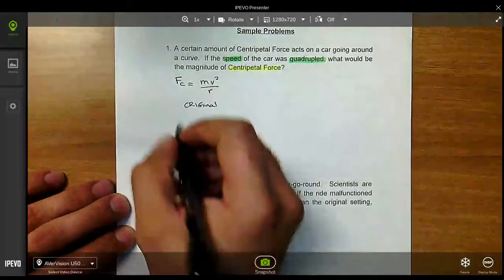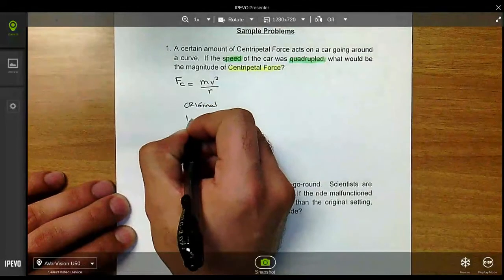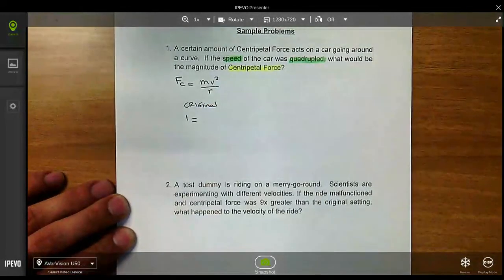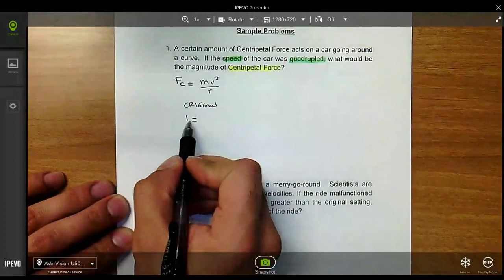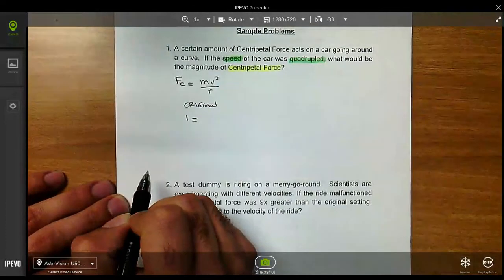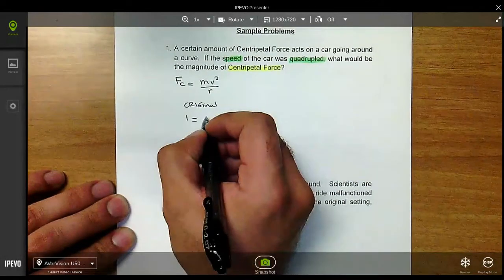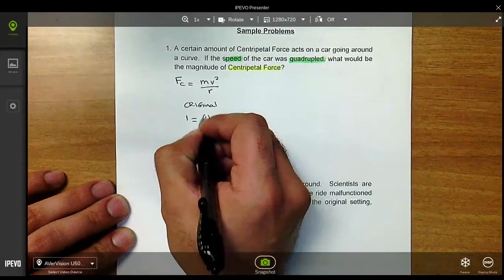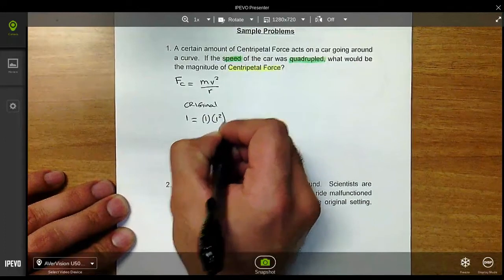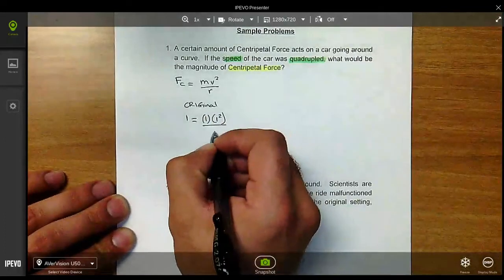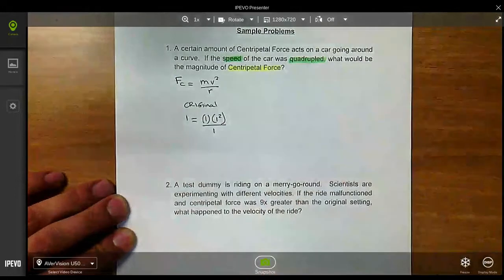If we make the certain amount of centripetal force 1, then the only way that this equation can make sense for one side to be 1 is for the other side to be 1 as well. The only way you're going to achieve that is if every other variable is also 1. So the mass is going to be 1, the velocity is 1 squared, and that is divided by our radius, which is also 1.